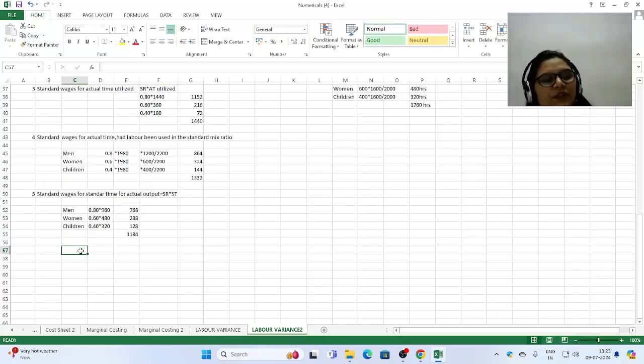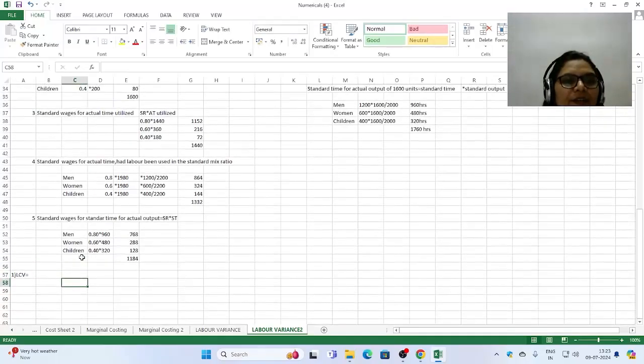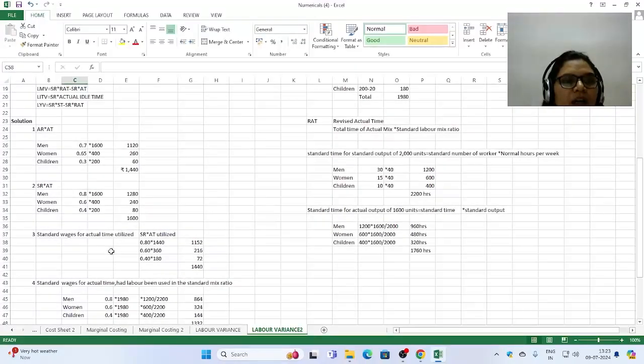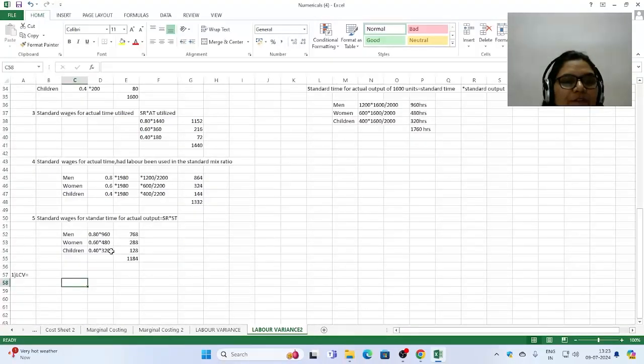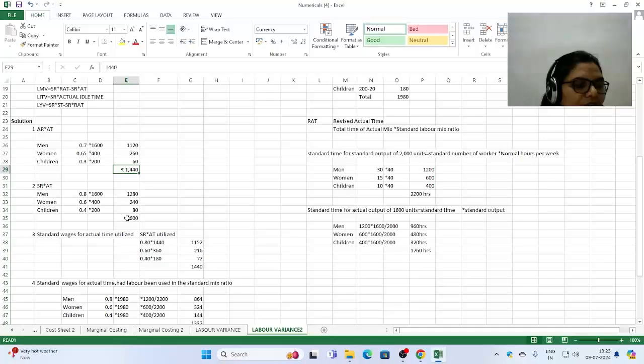Now we will input these calculations in a formula. So first we will calculate labor cost variance, which will be standard rate into standard time minus actual rate into actual time. And here it is 5 minus 1. 5 is standard rate into standard time minus 1, that is actual rate into actual time.